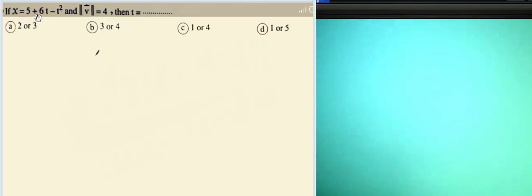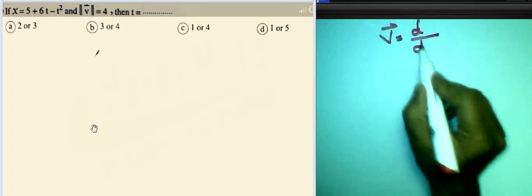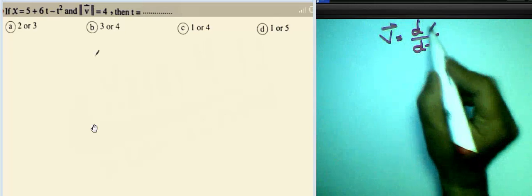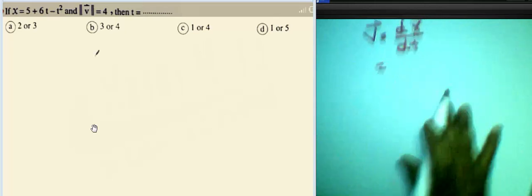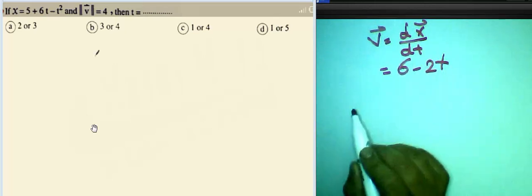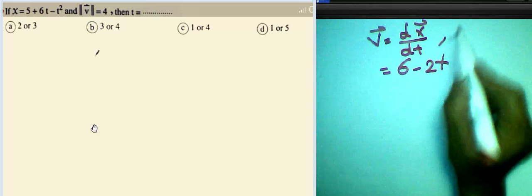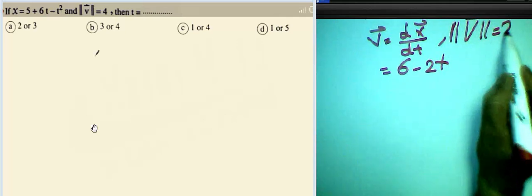Look at the next question. If x equals 5 plus 6t subtract t squared and the norm of velocity equals 4, then t equals what? We can find velocity here as the derivative of the displacement x. We can find the derivative of this function. It will be 6 subtract 2t. Okay, and he gives us the norm of velocity equals 4.